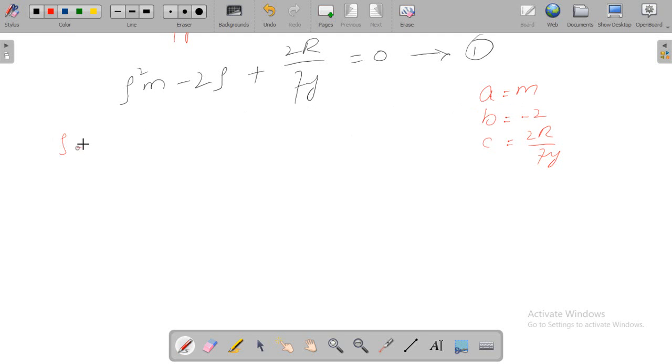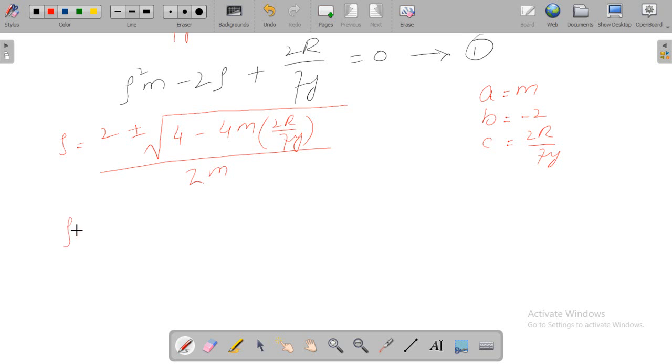We got rho equals minus B, so we have minus minus 2, so we got 2 plus minus under the root B square, so we got 4 minus 4AC. A is M and C is 2R divided by Fy, and divide this by 2A, so 2M, right?